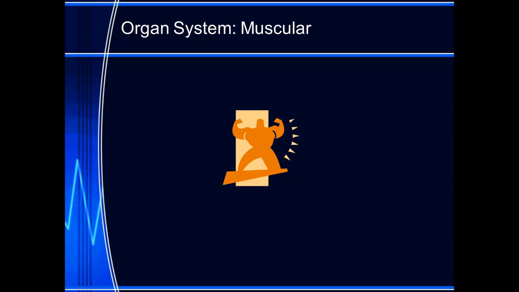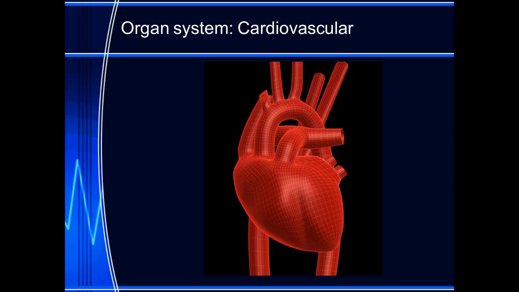We have different types of muscle cells, and we'll be talking about that when we get to different tissue types. We have both cardiac, skeletal, and smooth muscle.